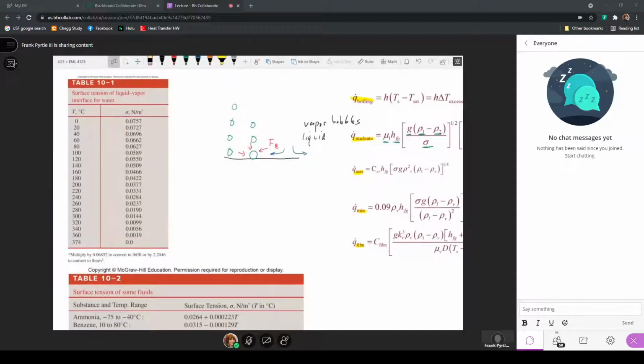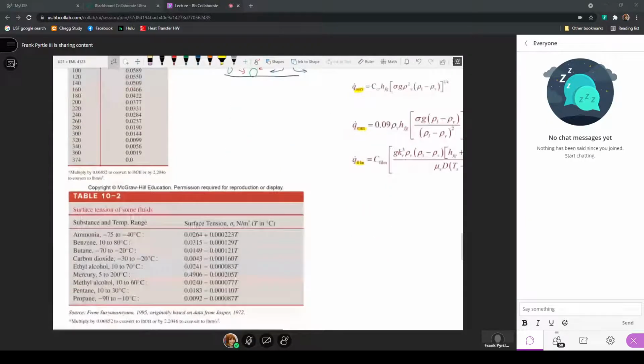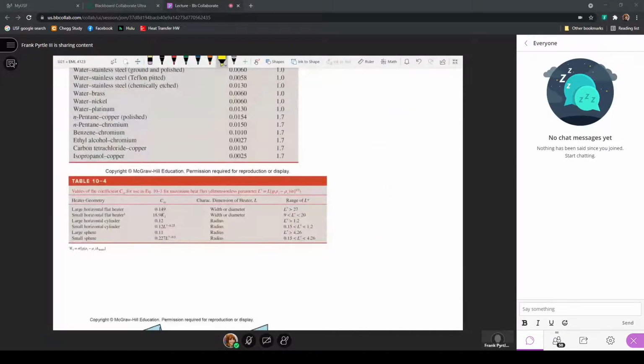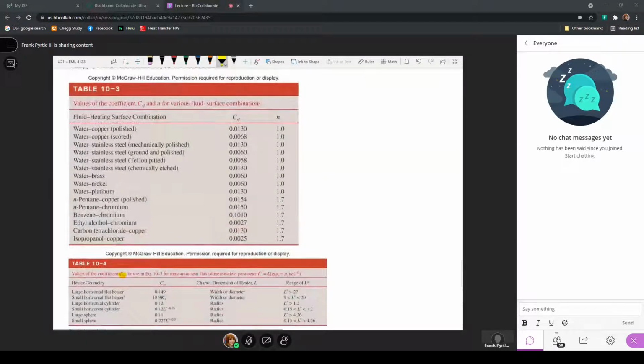And I'll see that there's another table here, 10.4, where we have values of C sub CR. But here, notice that this particular expression does not include C sub SF or N, where we get the magnitudes from table 10-3 for the use of the nucleate pool boiling heat flux.